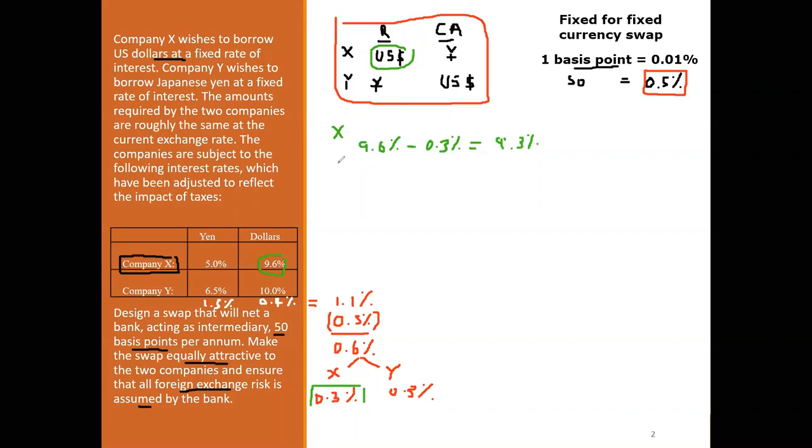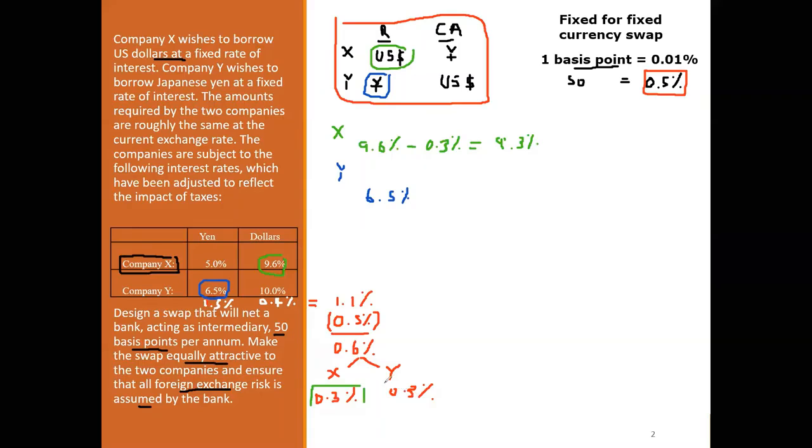Next, consider Y. What would be the ultimate, the final cost for Y after the swap arrangement? Y wants to borrow in yen. If Y goes to the yen market and borrows directly, the cost to Y would be 6.5%. But this cost now will be reduced because of the swap.